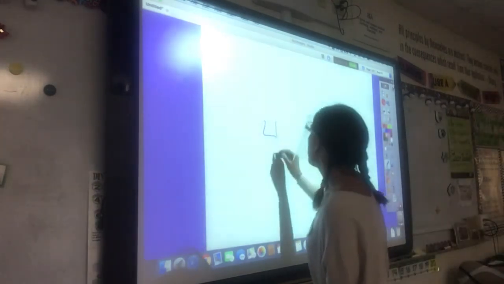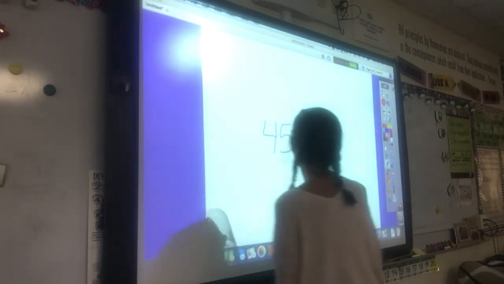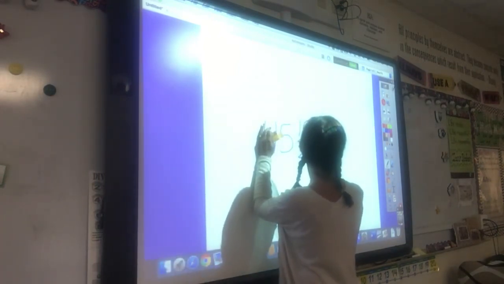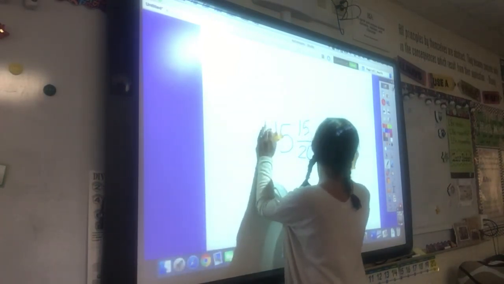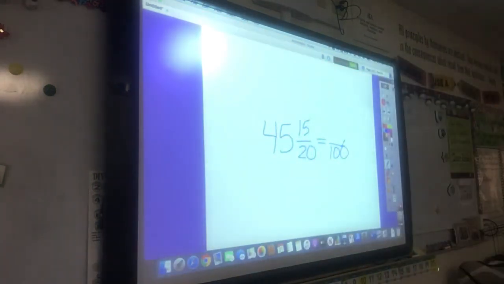Okay, so let's do 45 and 15/20. Again, we're ignoring the 45 for right now. All we're worried about is the back, because we don't need to worry about the 45 right this minute. We just need to get the back to where we can switch it to a decimal. So what do you do to go from 20 to 100?